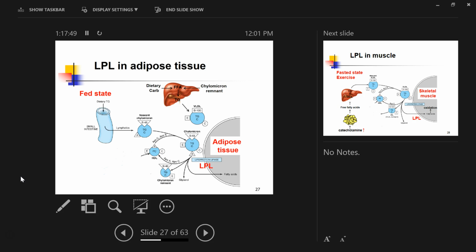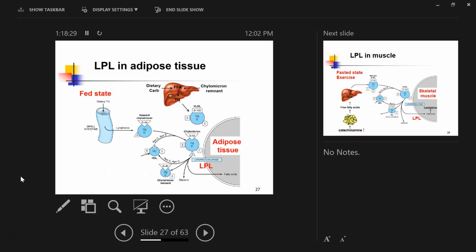The LPL in adipose tissue is usually increased under the fed condition, and hydrolyzes triglyceride in both chylomicron and VLDL. Under the fed condition, there are two lipoproteins being transported to adipose tissue: chylomicron from the small intestine and VLDL from the liver.